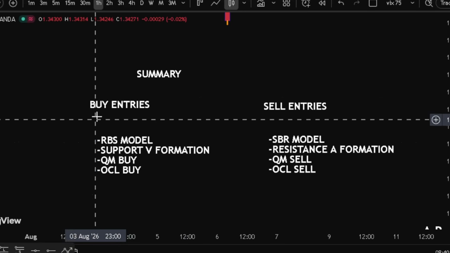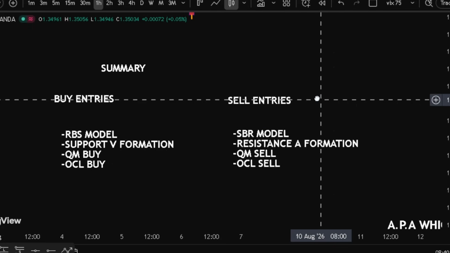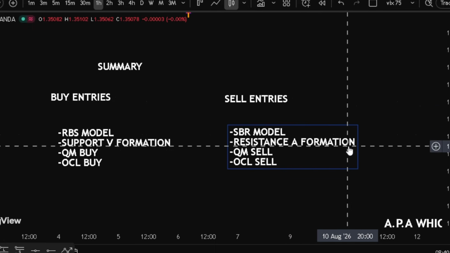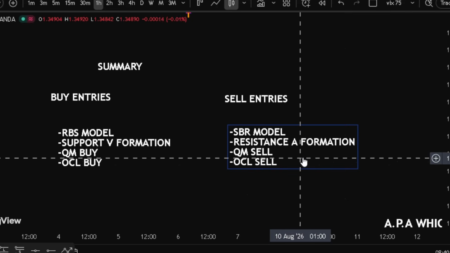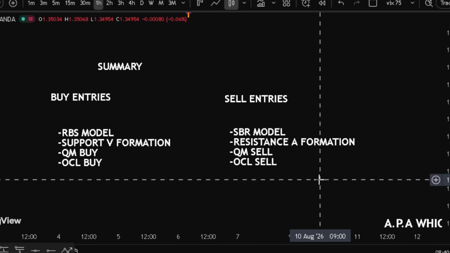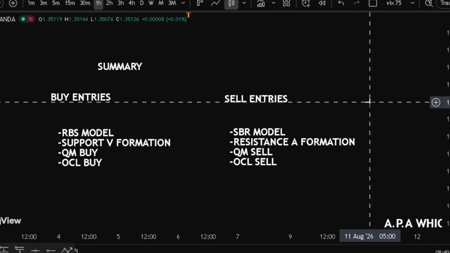That is for our buy entries. And now for sell entries, we use the SBR model. We also get the resistance A formation, the QM sell, the OCL sell. It is that easy. That is all you need to master the A.P.A strategy.